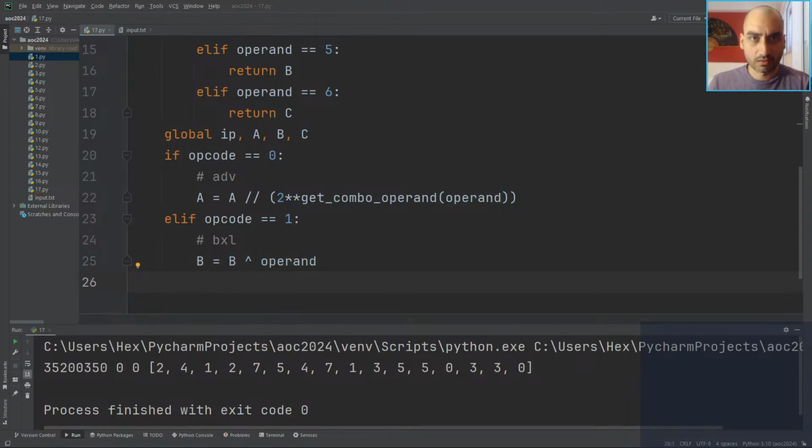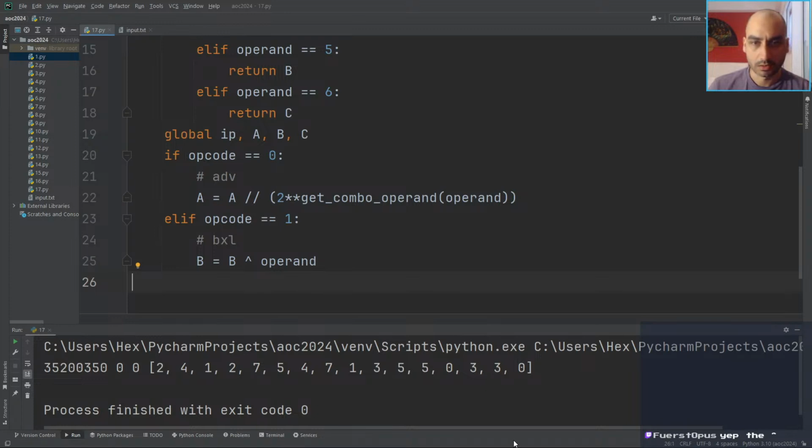I've got to double check that. Yeah, okay. B equals B XOR, and we just take the literal operand. All right, these individually are quite simple arithmetic operations.